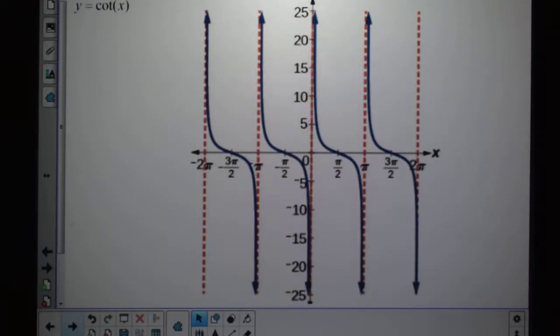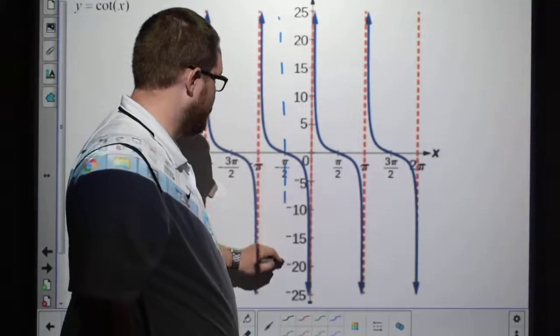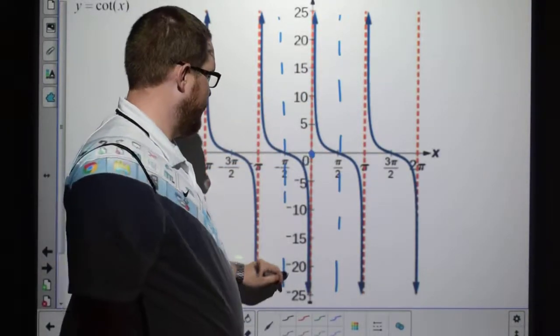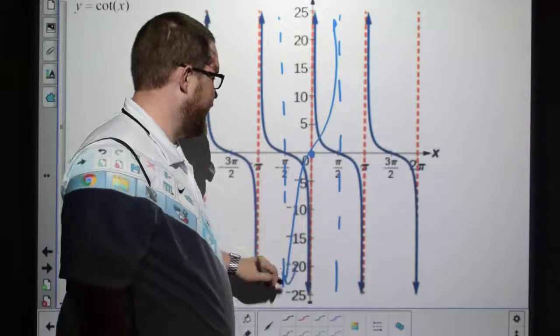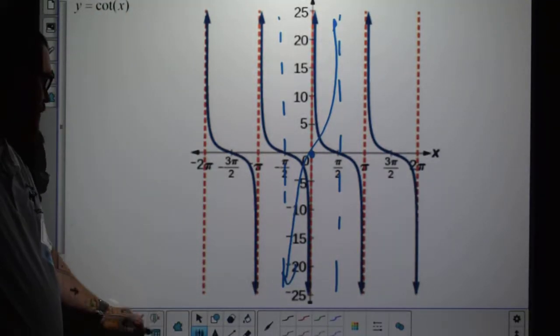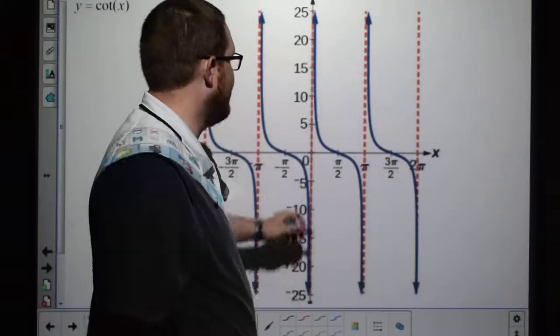Cotangent. Cotangent looks very similar to tangent. Remember, tangent had asymptotes at the pi over 2's. It had an x-intercept here and went up. So that was tangent. Cotangent is just the opposite in every way. Instead of having asymptotes at the pi over 2's, it has asymptotes at the pi's.